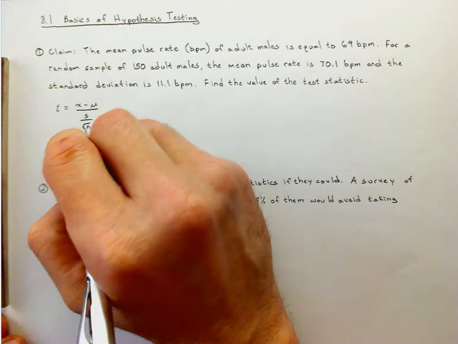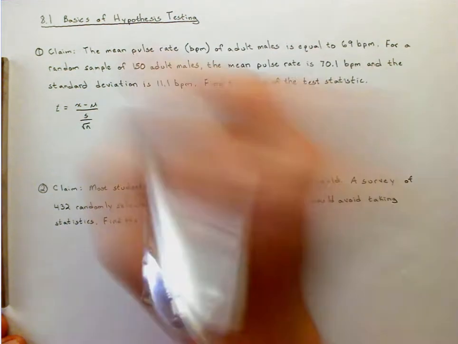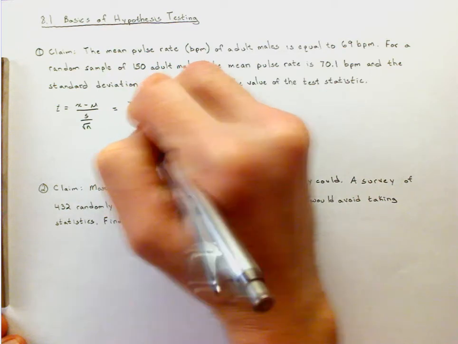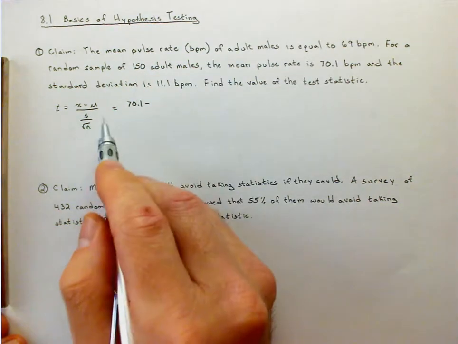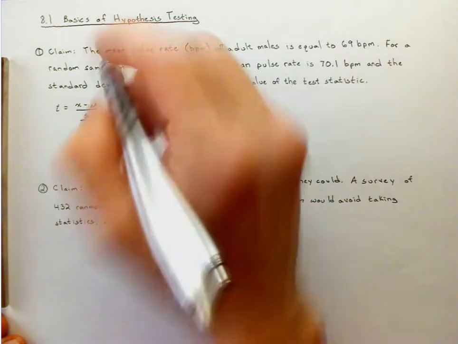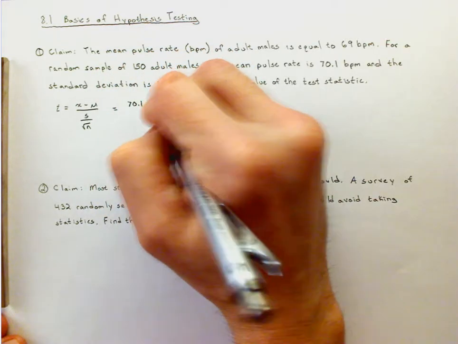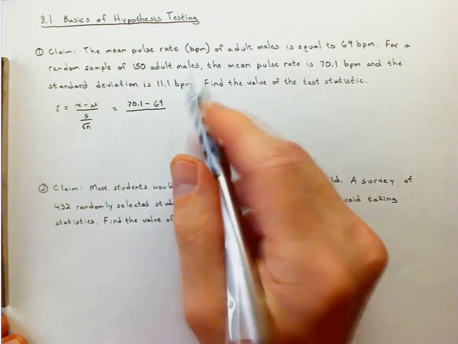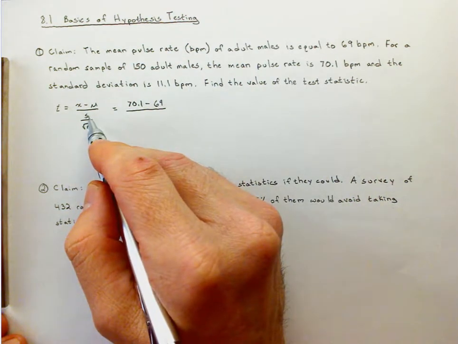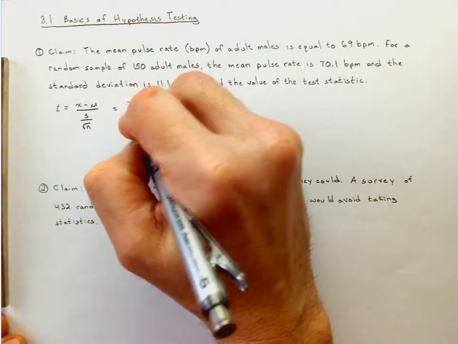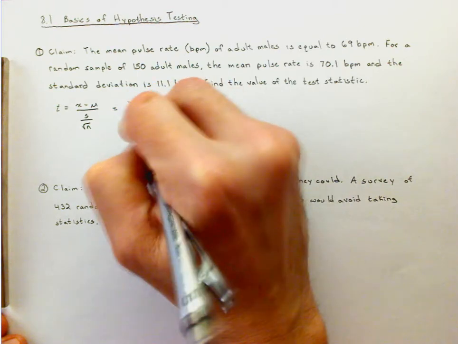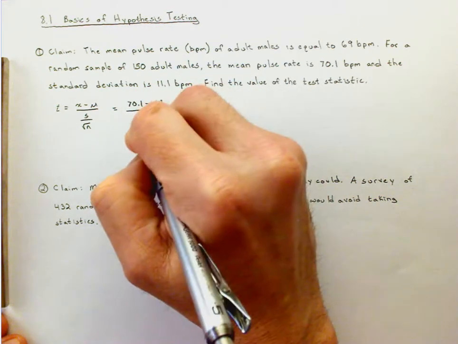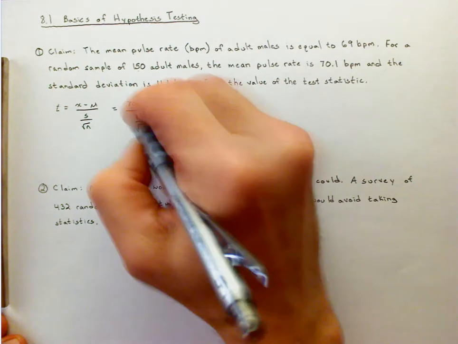The sample mean is 70.1. My population mean is 69. My sample standard deviation was 11.1, and my sample size was 150.